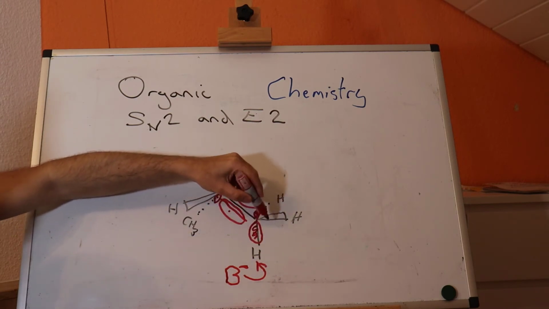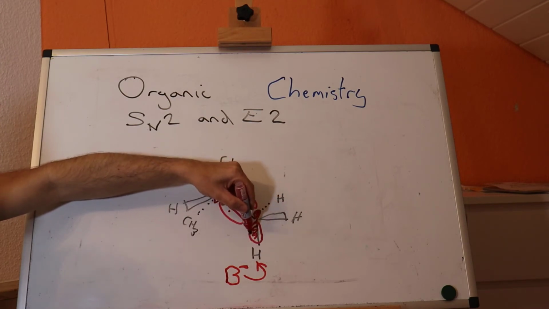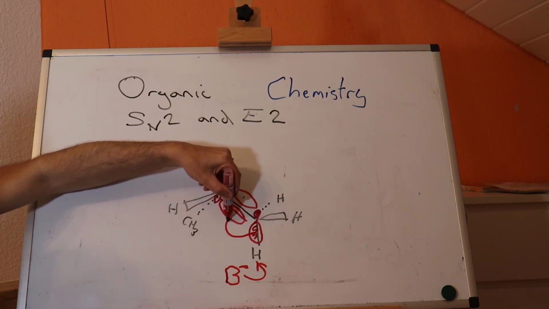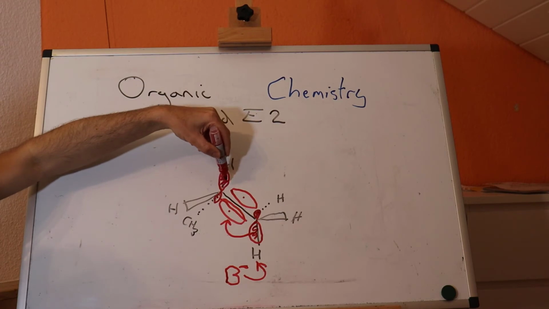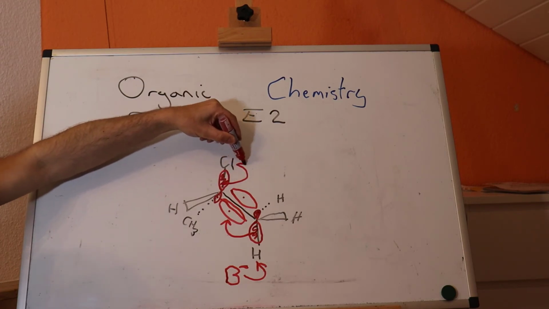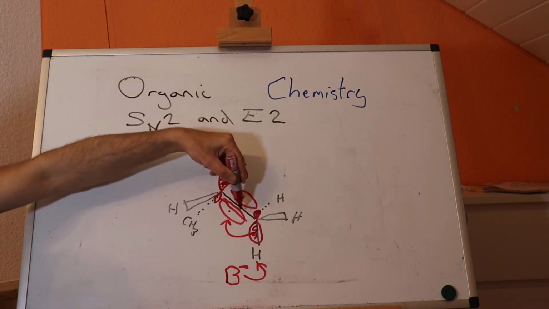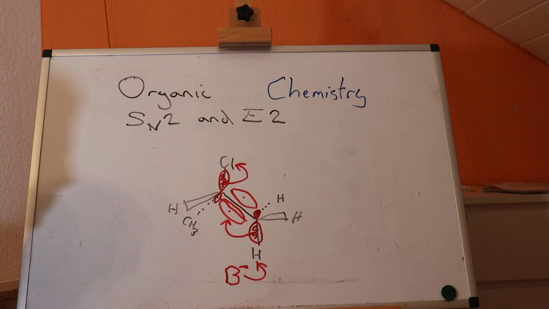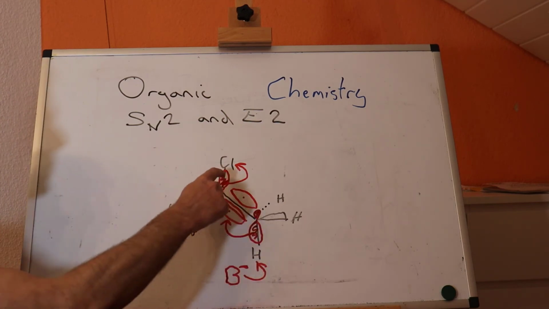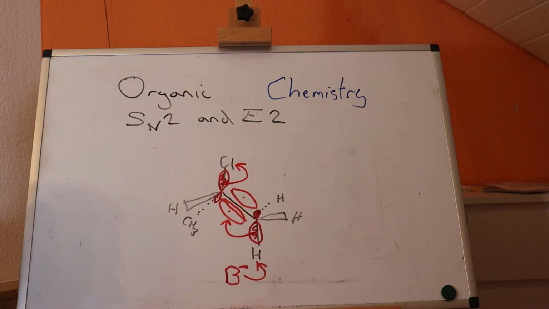This bond from the hydrogen to the carbon is going to go into here, and this is going to kick out and knock our chloride out. So these two electrons are the ones that become the double bond. It is these two orbitals that do all the work.